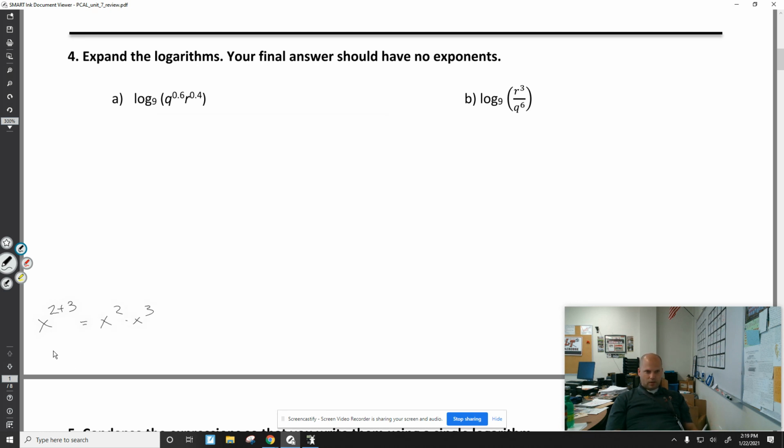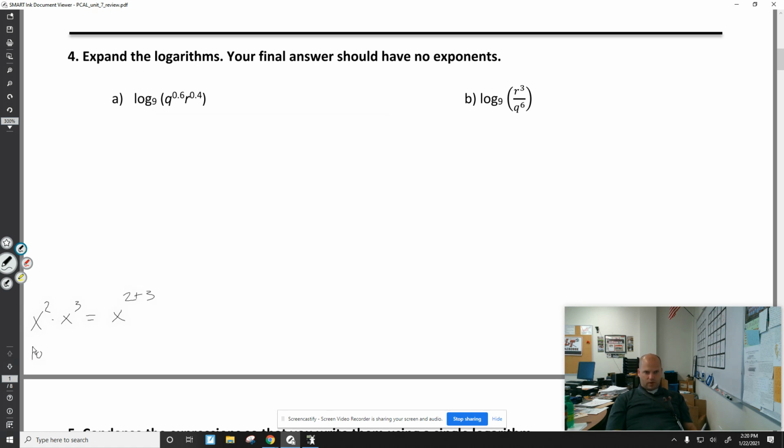Similar to that, probably actually easier if you do it the other way. If you have a product with exponents, like x to a power, you can add those things together. So that's 2 plus 3. I don't want to write it as 5. I'll write it as 2 plus 3.